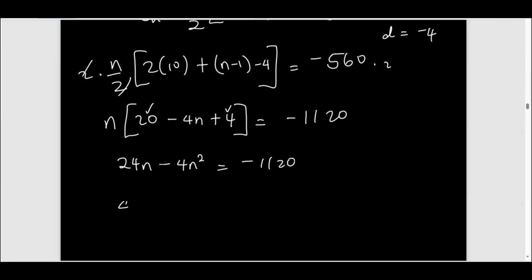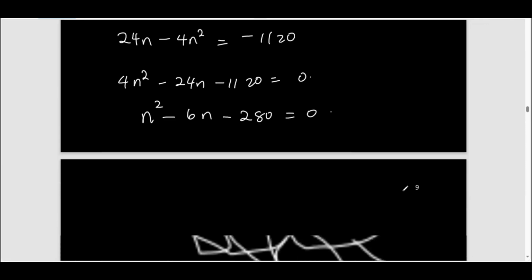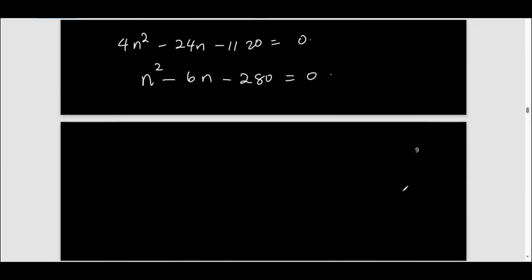That's going to be 4n squared minus 24n minus 1120 equated to 0. I'm just moving everything to one side. Then I can choose to divide through by 4 so that I have n squared minus 6n minus 280 is equal to 0.